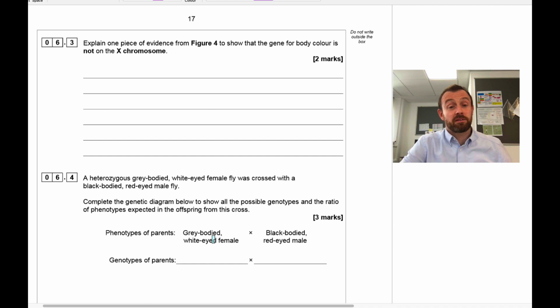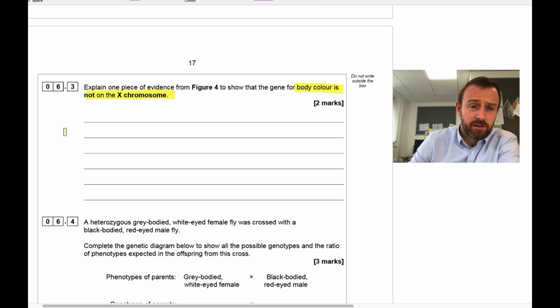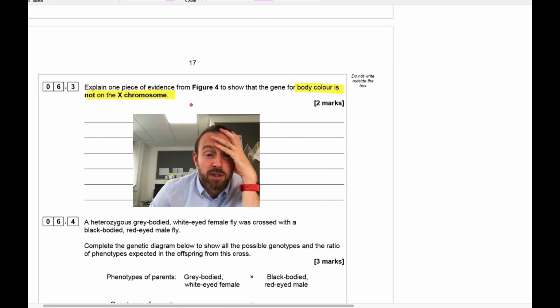Explain one piece of evidence to show that the gene for body color is not on the X chromosome, so it's not sex linked. All right, this is a very tricky question. I'm trying to get my head around it. So I think I'm going to approach it by thinking, what would happen if body color was on the X chromosome?